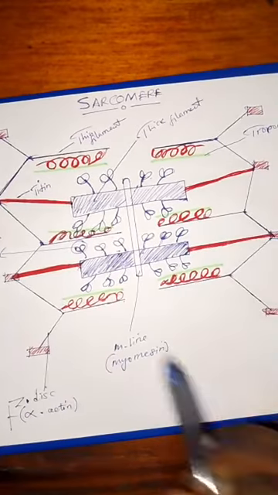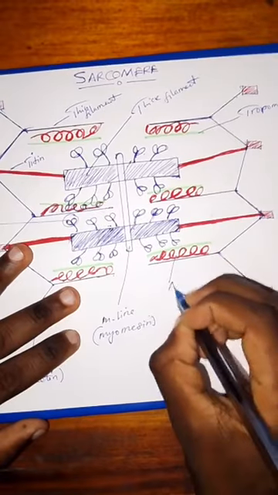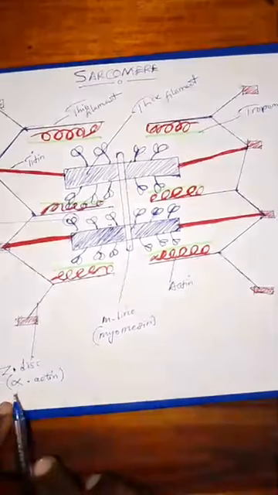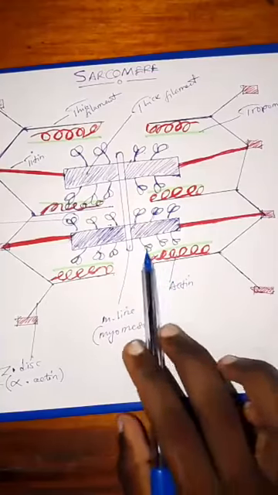Right. Then the thing we're seeing here, which is coiling in between the tropomyosin and the thin filament, is called the actin. Not the alpha actin, which is the protein which makes up the Z disc. This actin binds the myosin head.